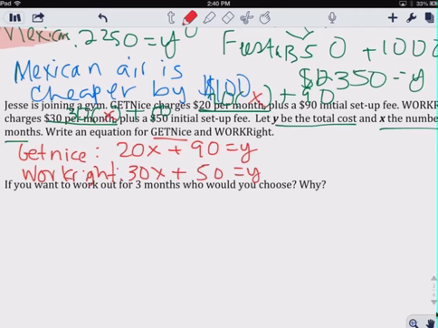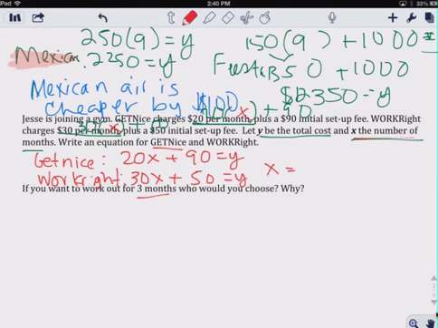Okay, 3 months. Now x represents the number of months. So here they gave us 3 months. If you want to work out for 3 months, so x is 3, which would you choose? Let's see, Get Nice or Workrite?